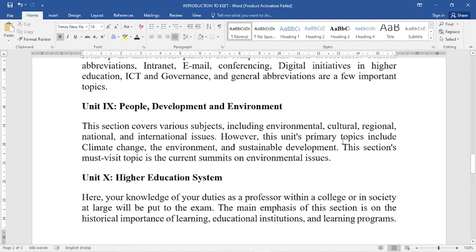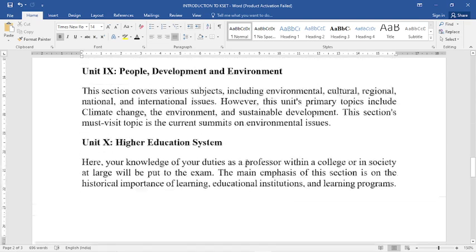However, this unit's primary topics include climate change, the environment, sustainable development, what the rules for the climate are, and how businessmen and industrialists have to follow some rules for the environment. In this section, you must visit topics in the current news on environmental issues.